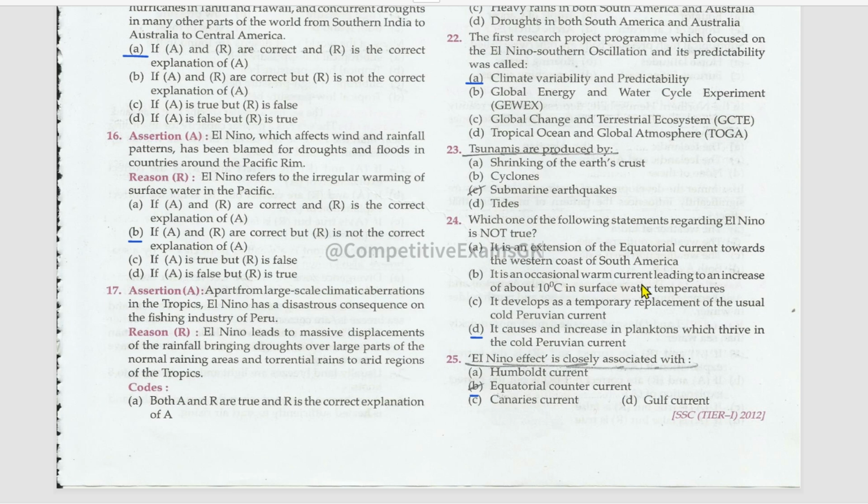It is an occasional warm current leading to an increase of about 10 degrees Celsius in surface water temperatures. True. It develops as a temporary replacement of the usual cold Peruvian current. True. It causes an increase in planktons which thrive in the cold Peruvian current. This is the false one. This is not true. El Nino effect is closely associated with the equatorial countercurrent.